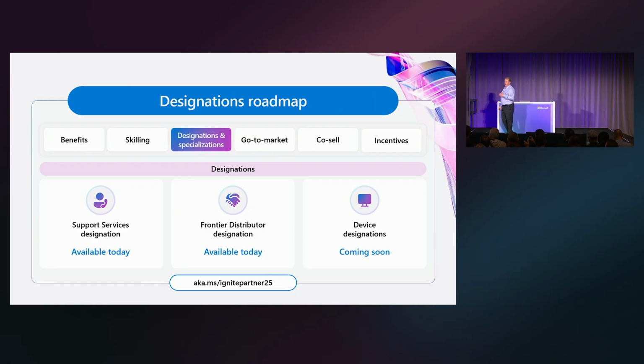And this designation will also unlock exclusive benefits. Coincidentally, after this session has finished, in the next session block, I believe just downstairs from here in, I think, room 2007, there is a session on support and all the things we're doing on support.